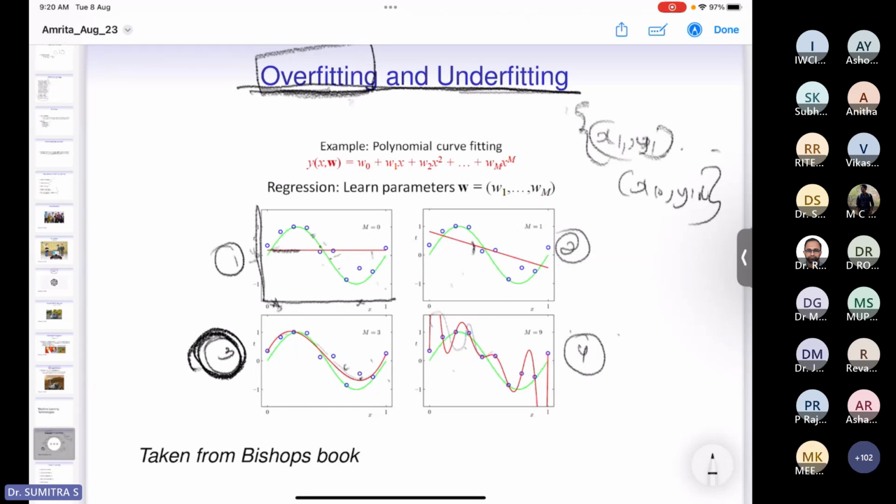But as you can see, the third one is not exactly passing through the given X and Y points. But it is approximately equal to the true function. And here, the model is exactly passing through all the given XY points, but it has no similarity with the true function.